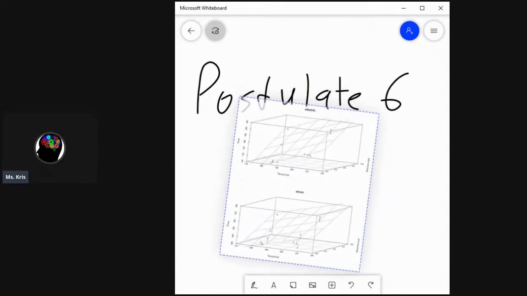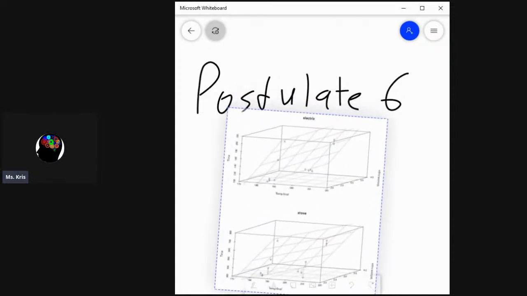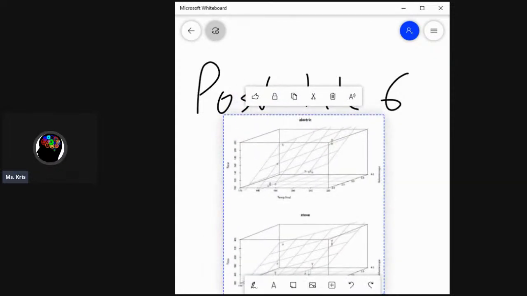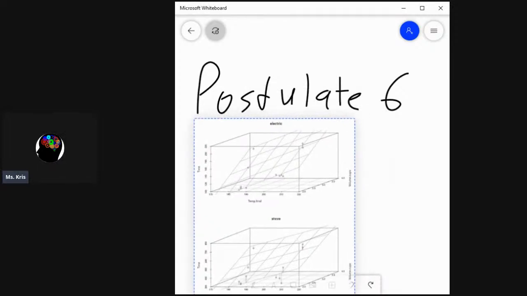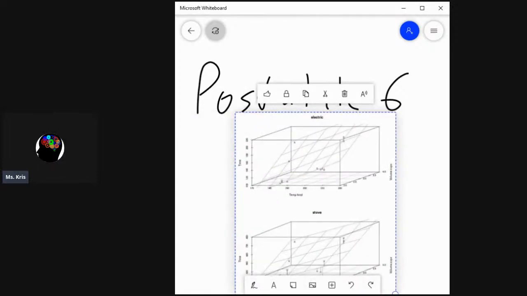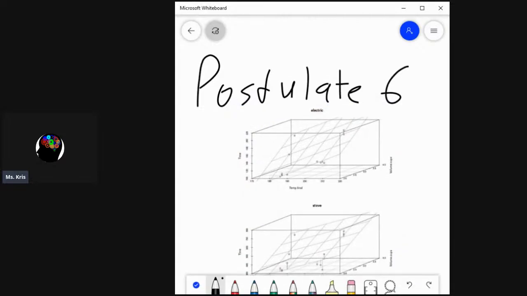So if you look at this box, you should be able to see the 2 planes here, here, and here. So where they meet, which is right here, that is called a straight line.